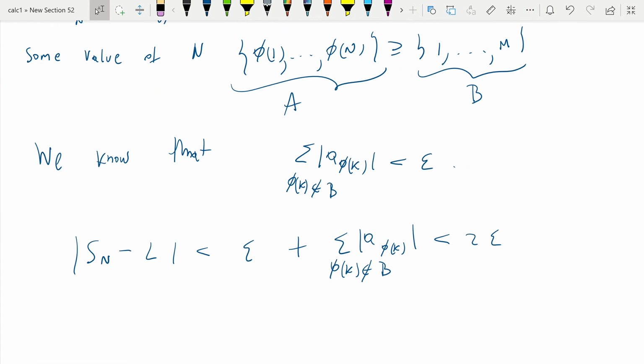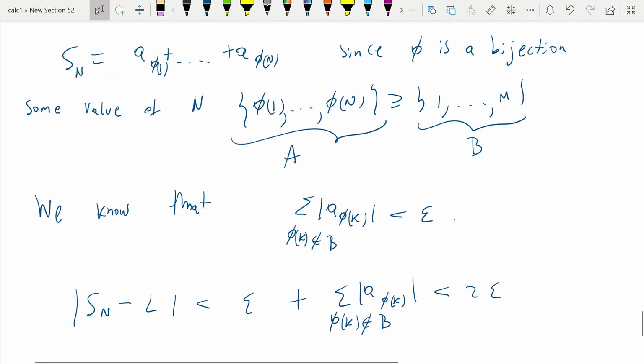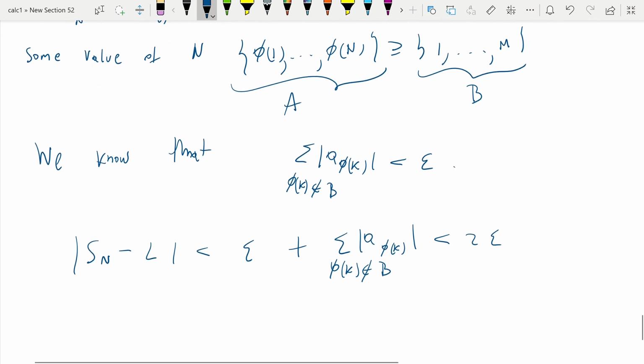And we also want to choose n now, which will depend on m, so that the set A contains all the first m terms of the sequence, and what's left is going to be smaller than epsilon because of absolute convergence.